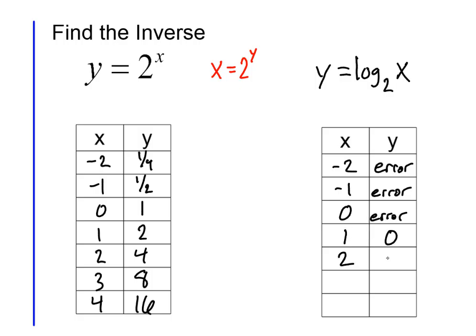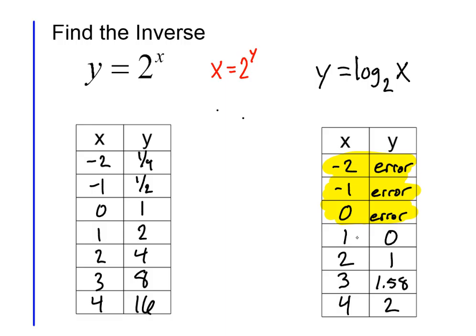When I plug in 2, I get 1. When I plug in 3, I get approximately 1.58. When I plug in 4, I get 2. There are values that I cannot plug into logs that I'll get errors for. -2, -1, and 0 don't work for this log.